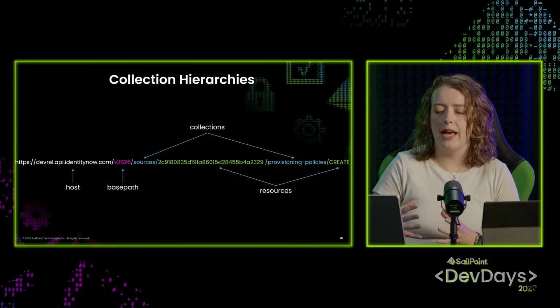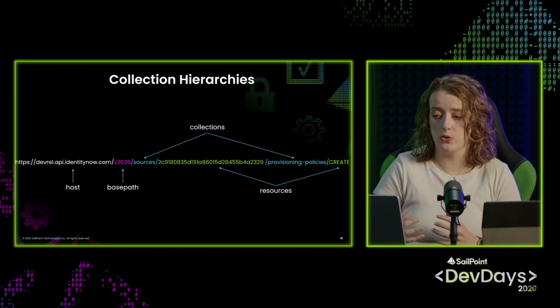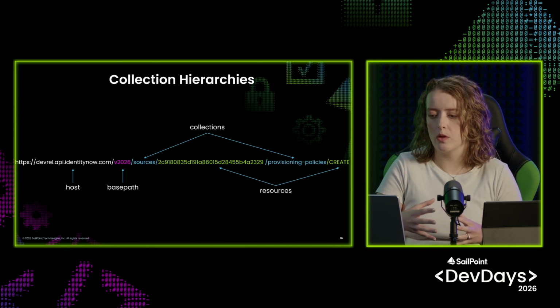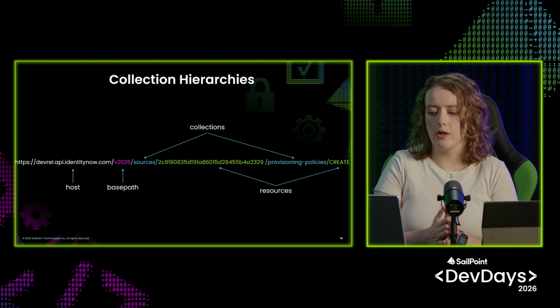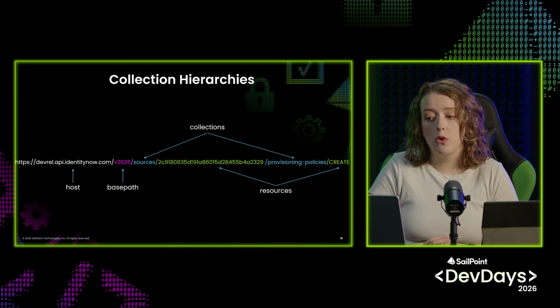And URLs can actually be nested as well to represent relationships between resources. So take a look at this example. It's a little bit different from the URL that we were just looking at. We have a source, that's the parent resource here on the left, /sources. But we can also go deeper.